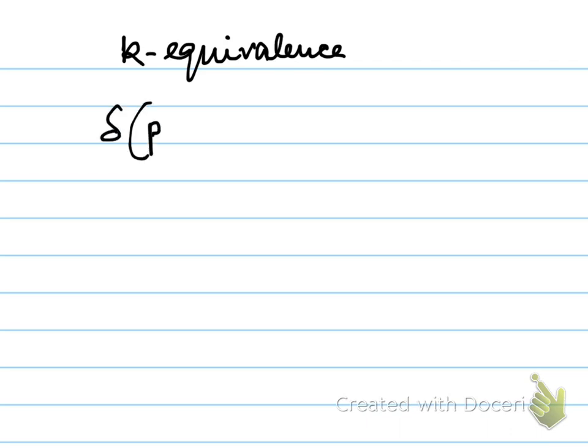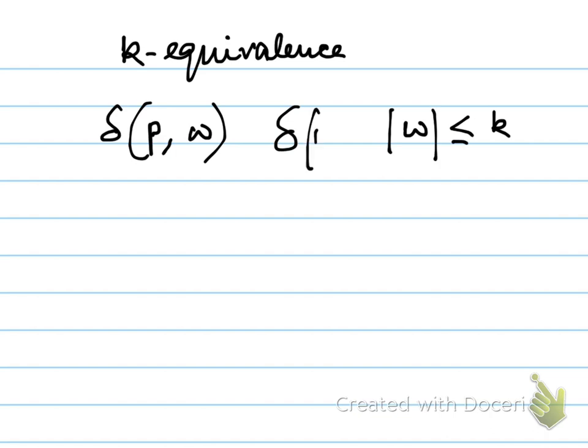In fact, we can define something called K equivalence. K equivalence means, again I have delta of P on W, depending upon the length of W. If the length of W is less than or equal to K, then we can say that delta of P on W and delta of Q on W are equivalent if those two conditions are not satisfied.